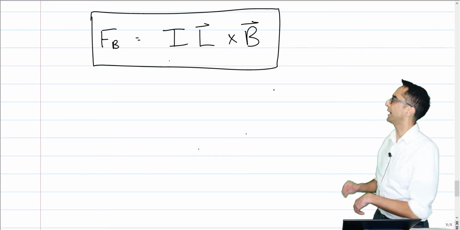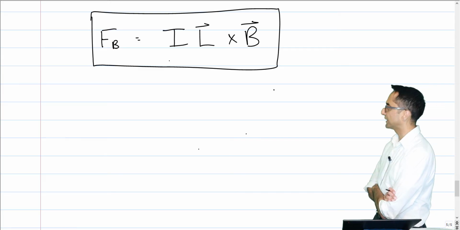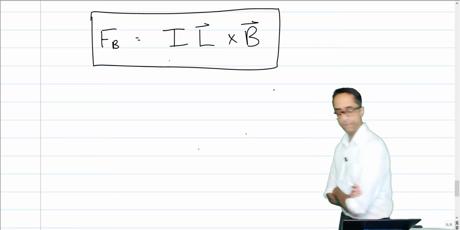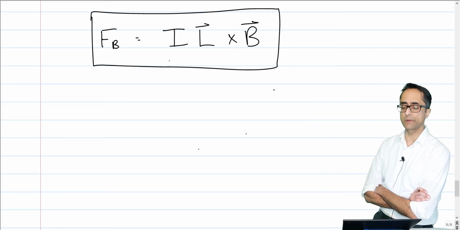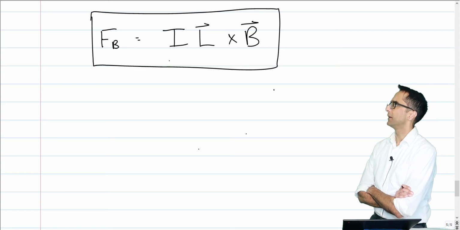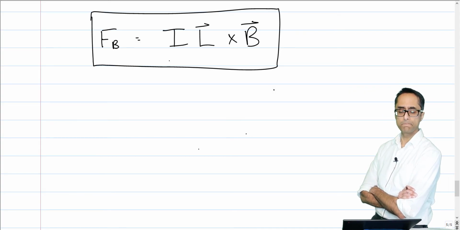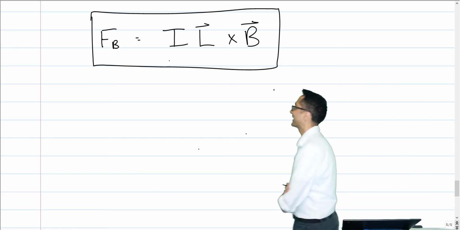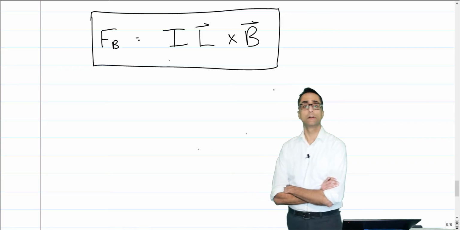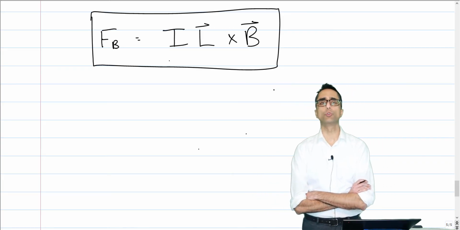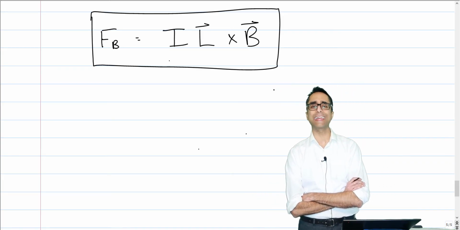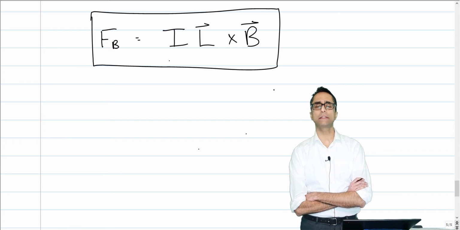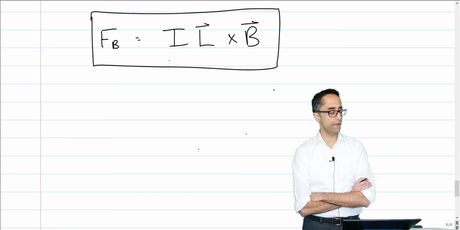Now, when you look at that, you're saying, okay, it makes sense. I know what F is. I know what I is. I know what L is. I know what B is. But why is L wearing a hat? Why does L have an arrow vector on it? How does the length have a vector? Well, go ahead and guess what the direction of the length is. Go ahead and take a guess what the direction of L is.